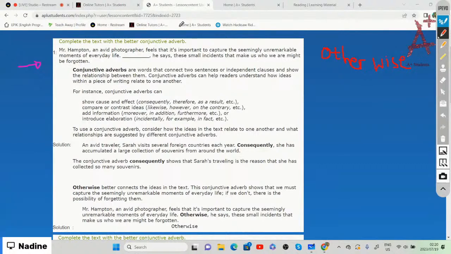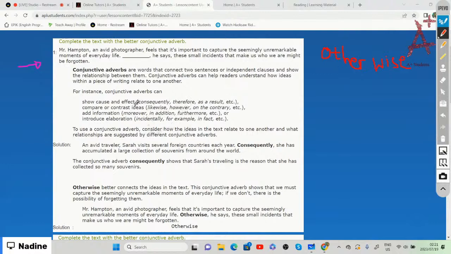It's the same as when we make mention of memories, right? So Mr. Hampton wants to capture every moment, otherwise the little moments, the small incidents, the memories, will all be forgotten. But pictures last basically a lifetime.